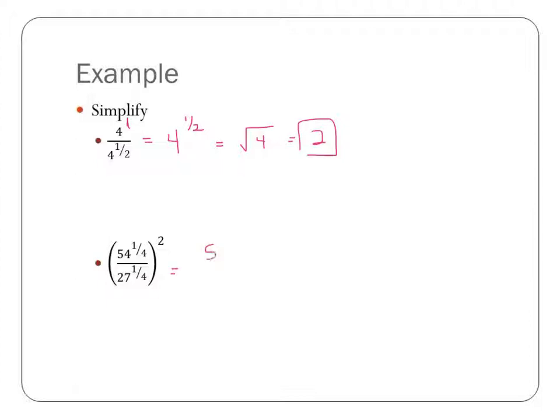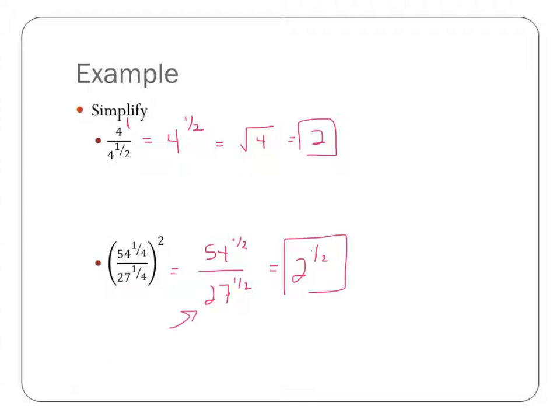we're looking at 54 to the 1/2 power over 27 to the 1/2 power, because an exponent to an exponent you multiply. And because they have that same power, you can go ahead and divide. So 54 divided by 27 is 2, so you get 2 to the 1/2 power, and you can just leave it like that or make it the square root of 2.